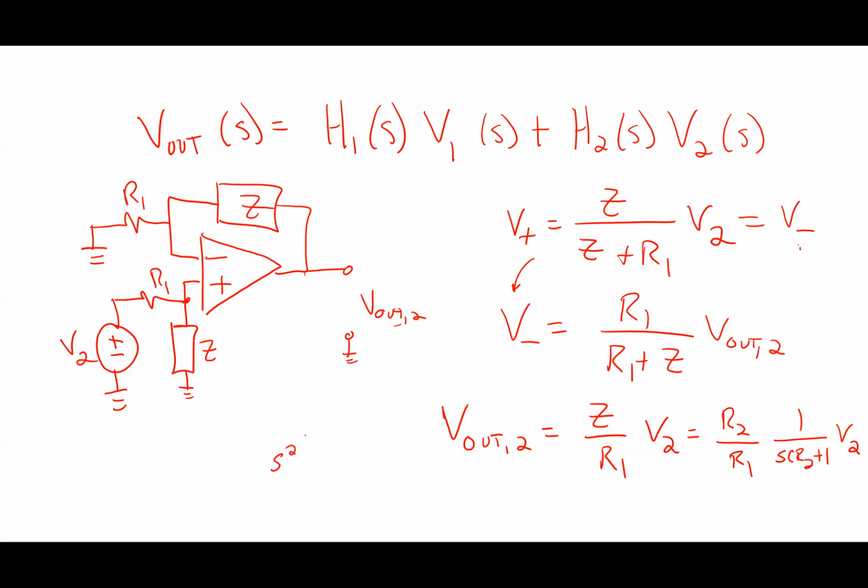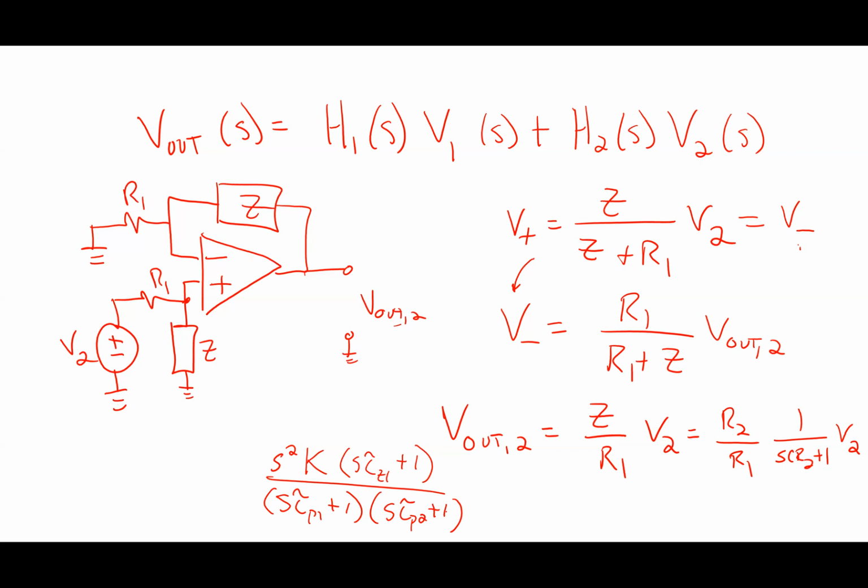Now, I think I wrote an S squared. If you look at the general form, I think I wrote it as K S squared times S tau Z plus 1 all over S tau P1 plus 1 times S tau P2 plus 1. There is an issue there because there is no S squared, right?